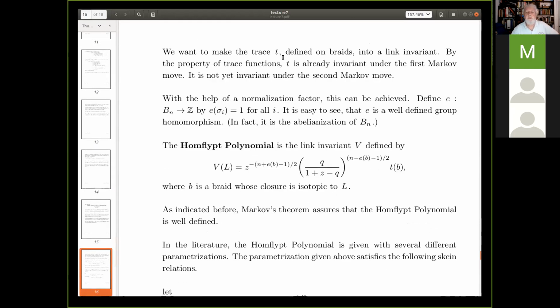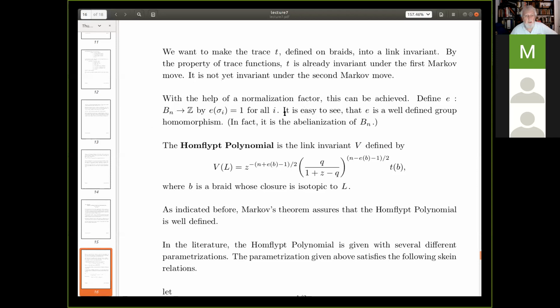We want to make the trace T defined on braids into a link invariant. By the property of trace functions, T is already invariant under the first Markov move. It is not yet invariant under the second Markov move. With the help of a normalization factor, this can be achieved. So define E from Bn to Z by E of sigma i equals 1.